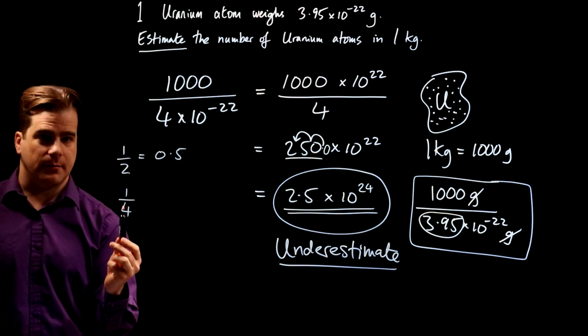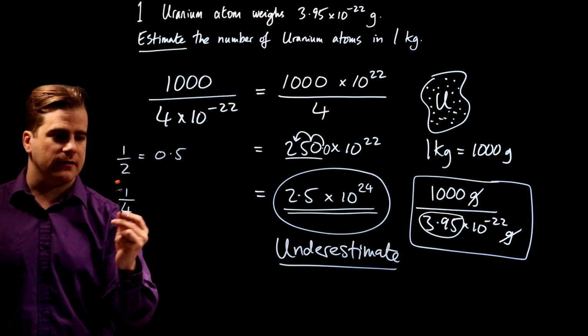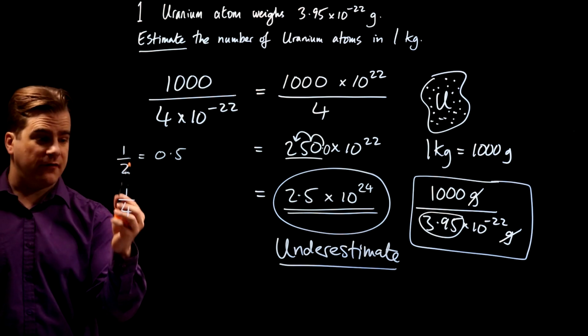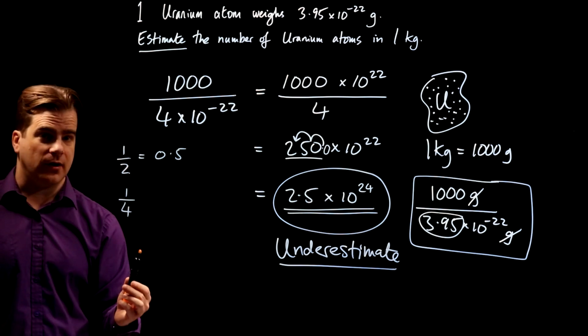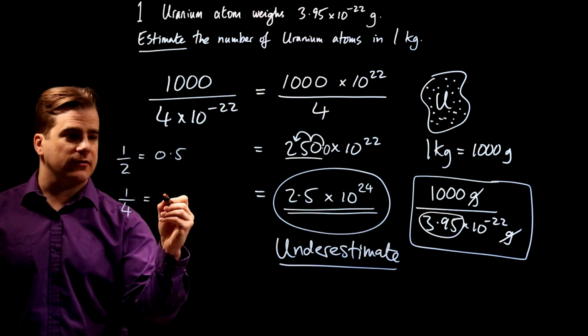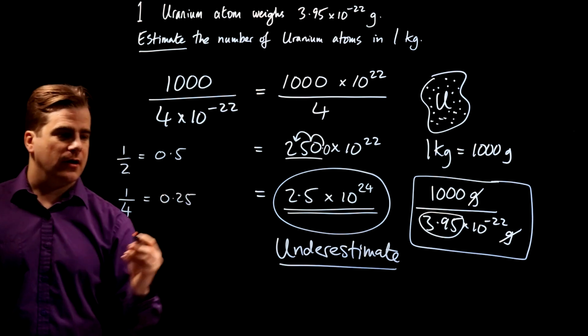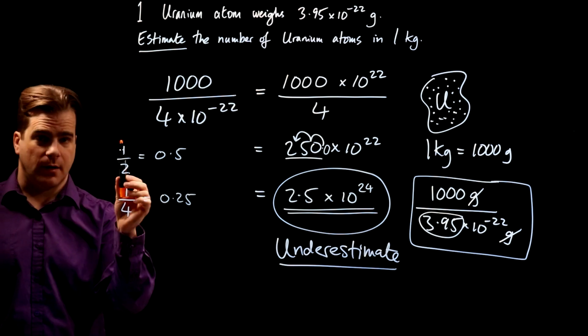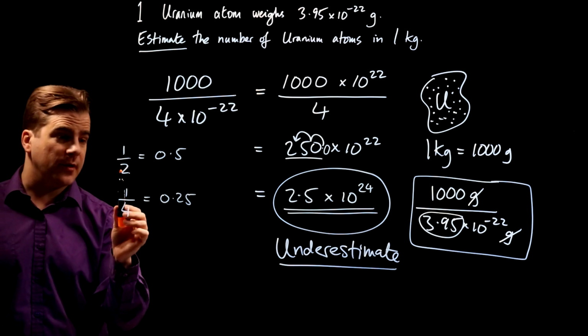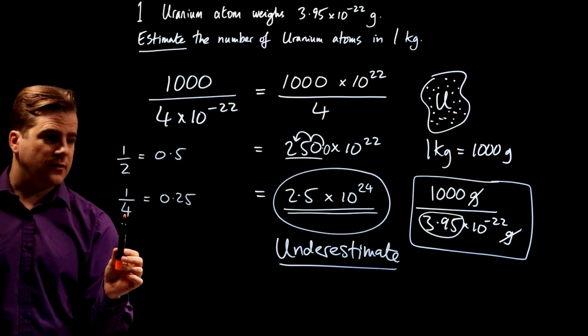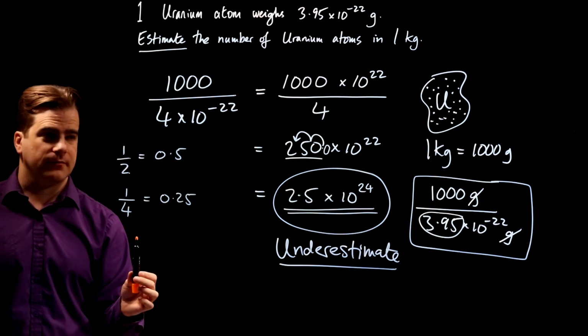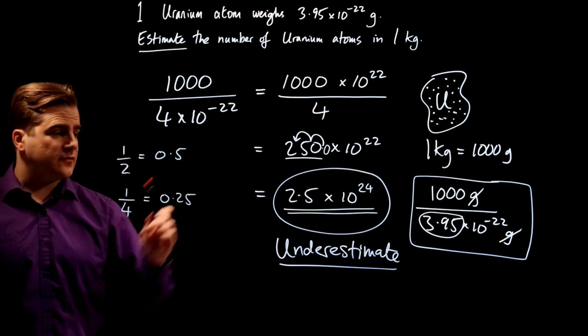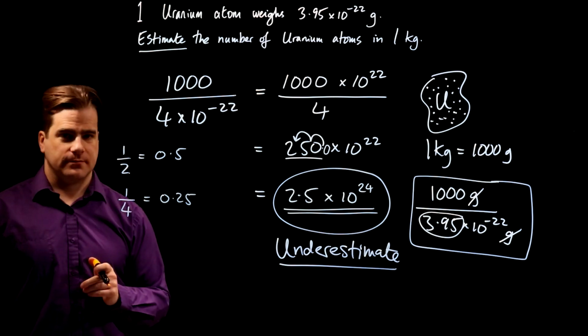When we make the denominator bigger, what happens to the whole thing? Well, a half is bigger than a quarter, so we've made the whole thing smaller. A quarter is 0.25. So you can see, if you leave the numerator, the number on top, the same and make the denominator bigger, you make the whole thing smaller. And that's why it's an underestimate.